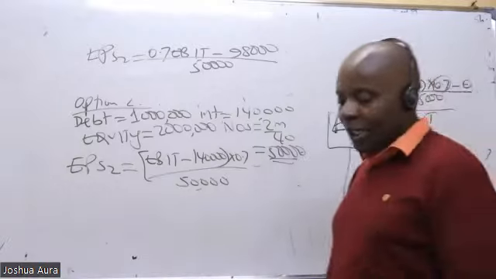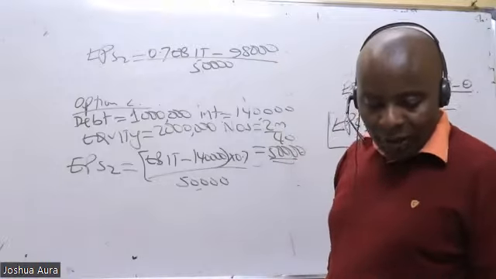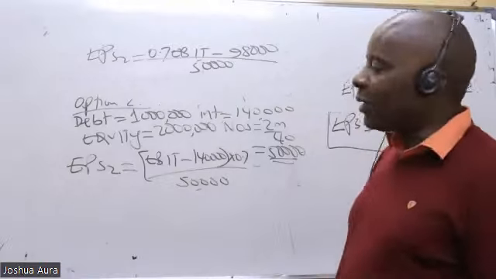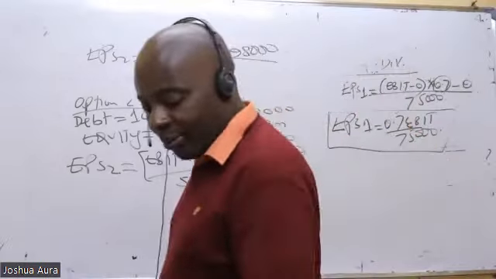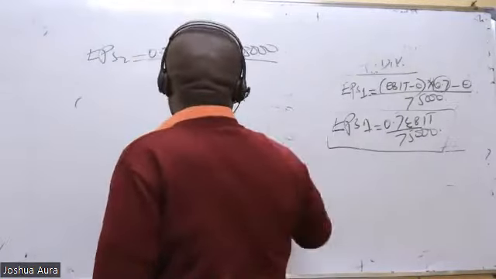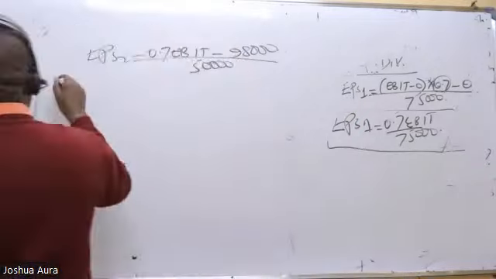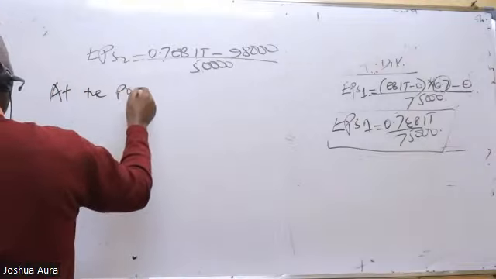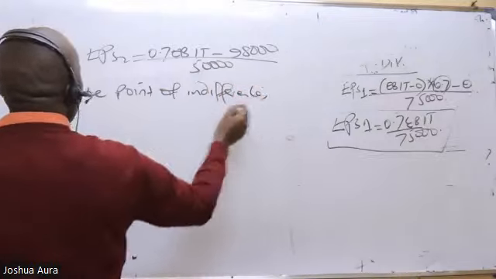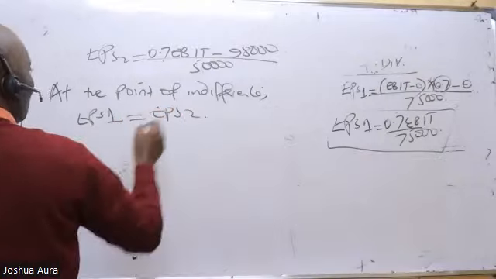Okay. So then remember what they have asked us now to do. What have they asked us to do here? They wanted us to find the operating profit indifference level associated with the two financing plans. So we know that at the point of indifference, EPS 1 must always be equal to EPS 2.